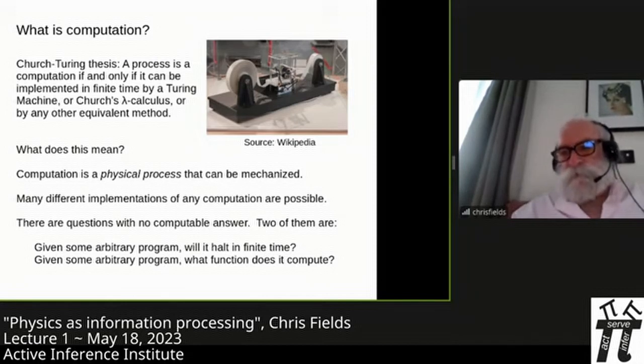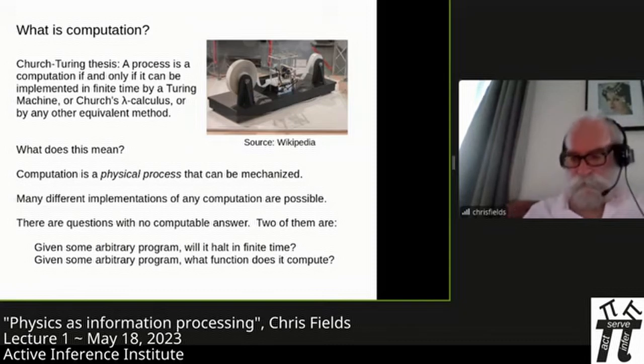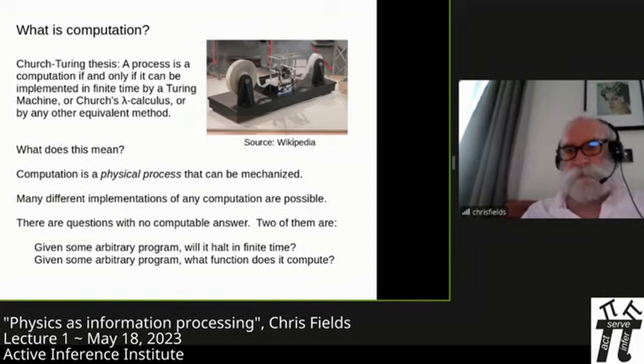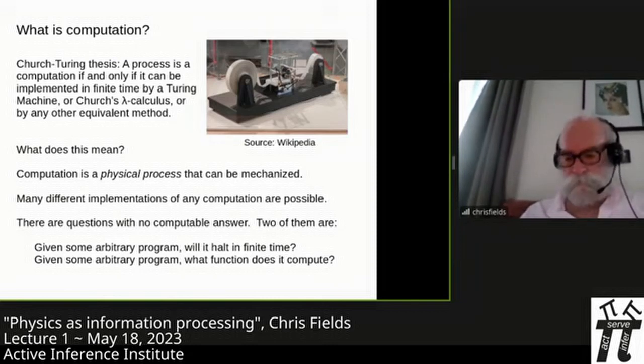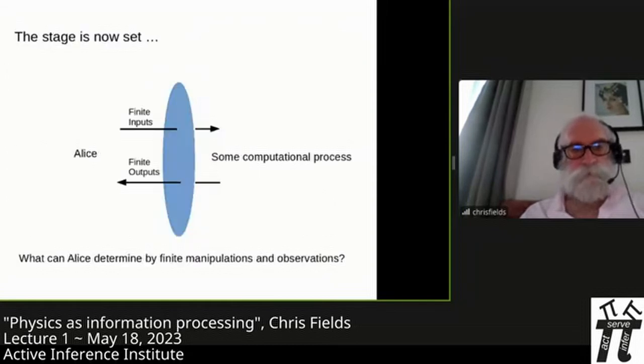You'd think that would be simple, that you can read a program and figure out what function it computes. But it turns out that is undecidable. That cannot be done by any finite process. So this was another body blow to the goal of understanding everything with finite discrete processes.